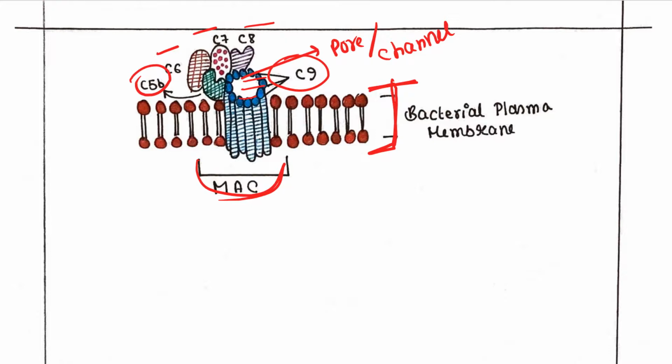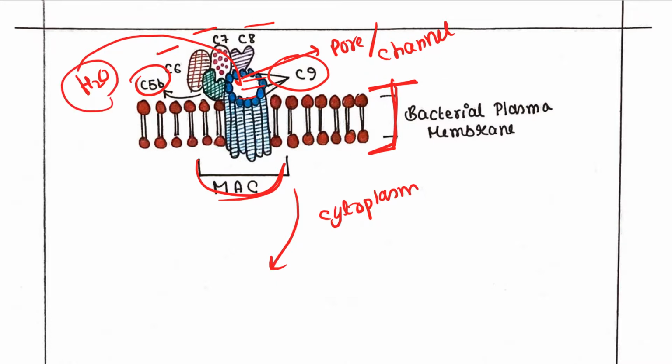As the channel is formed, water will come. Water will enter the bacterial cytoplasm, or the cytoplasm of any microbe, from outside. So water is now entering from outside to inside the cell. Water enters the cell cytoplasm through this channel, through this MAC.